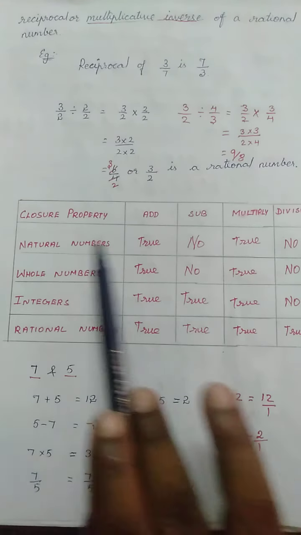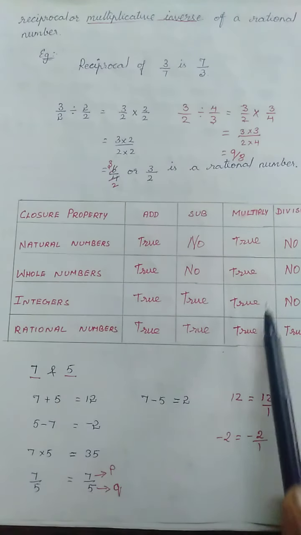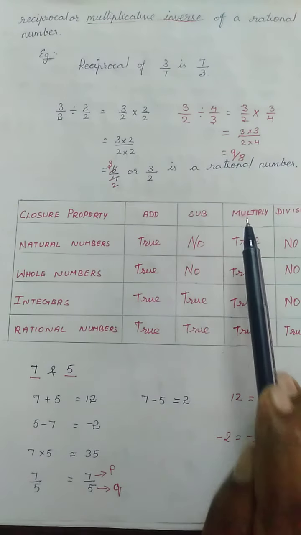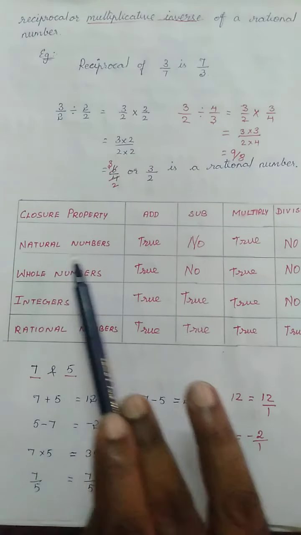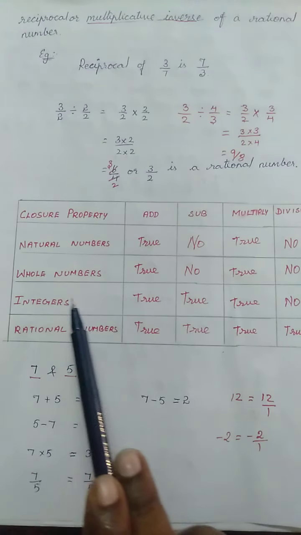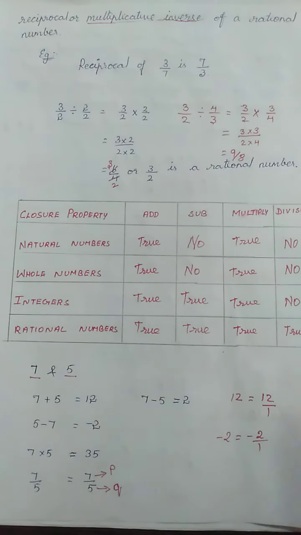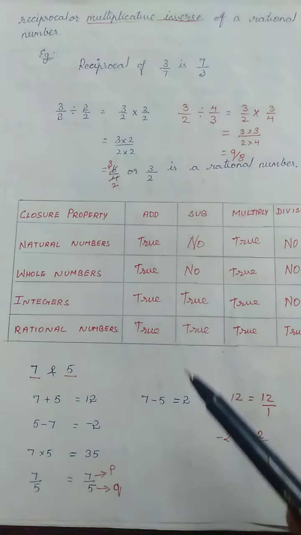Similarly, closure property is true for all the numbers under multiplication, whereas it's not true for division for natural numbers, whole numbers and integers, but it's true for rational numbers.